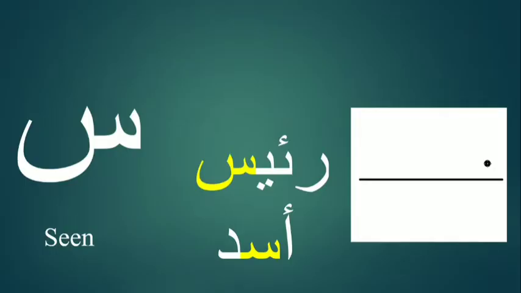How can we write it? There is two options. First option is this example when we write it in the end of the word, and in this example when we write it in the beginning and middle of the word.